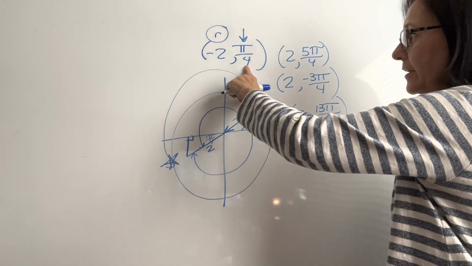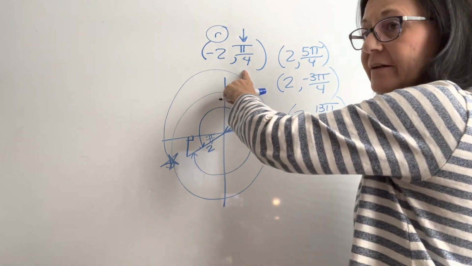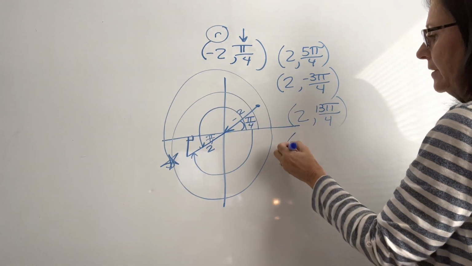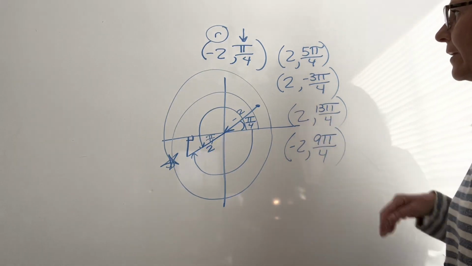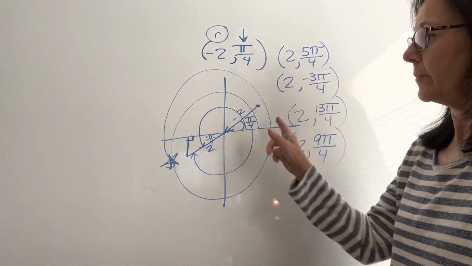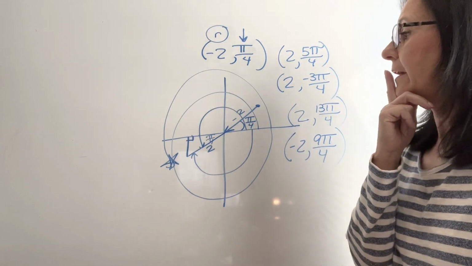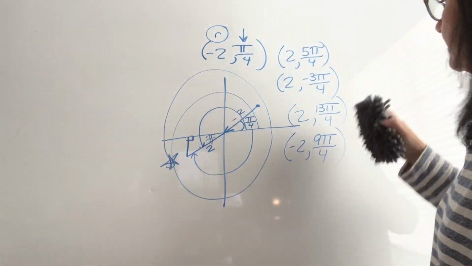I could take the original one and add 2 pi. So that would be -2, 9 pi over 4. Once I get the positive and the negative, then I can just add 2 pi to any of them. All right, so that's 50.